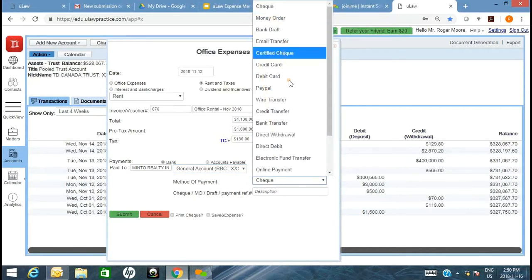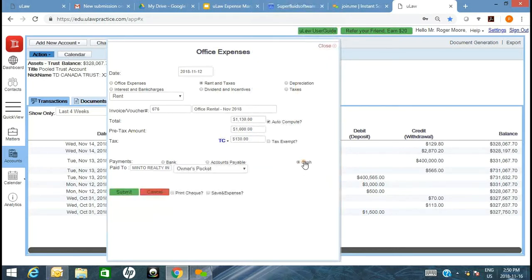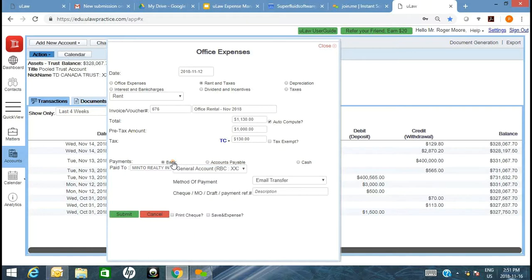So this could have been a check, a direct deposit, bank transfer, email transfer, or you could have paid this out of your own money, right? You paid cash or you paid out of your owner's debit, owner's credit card, doesn't matter. You can still, so it's important, as I mentioned, to capture how you paid for it so that you can reconcile those appropriate accounts in that month.